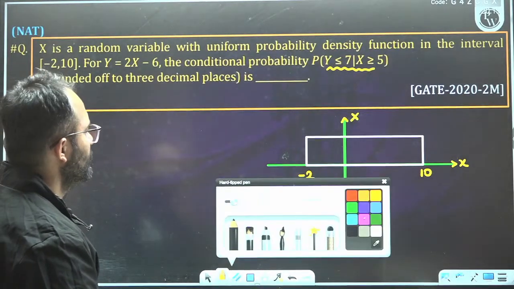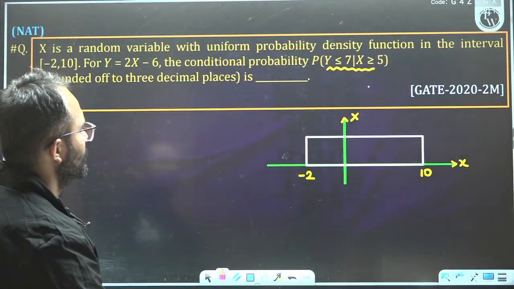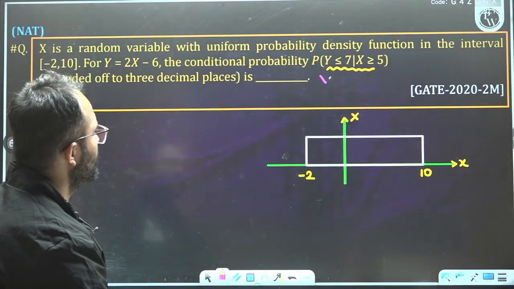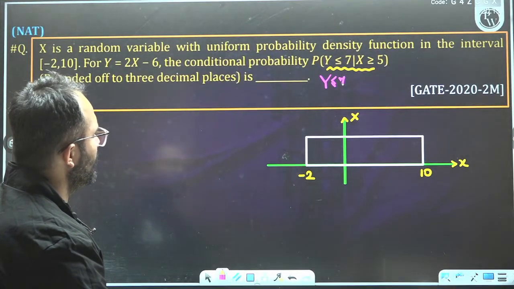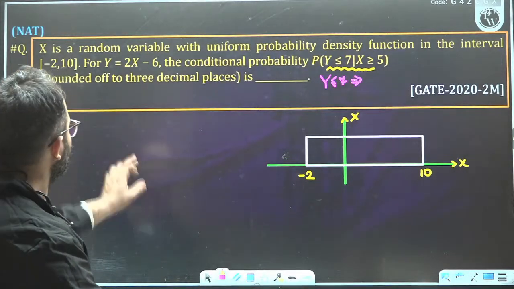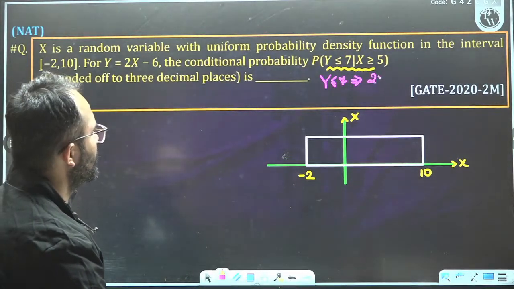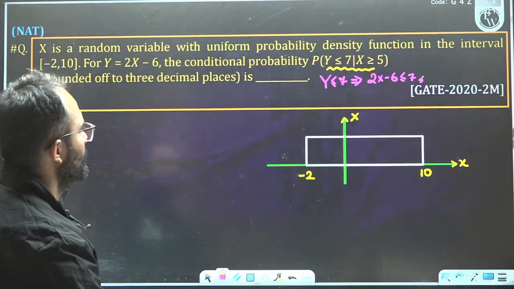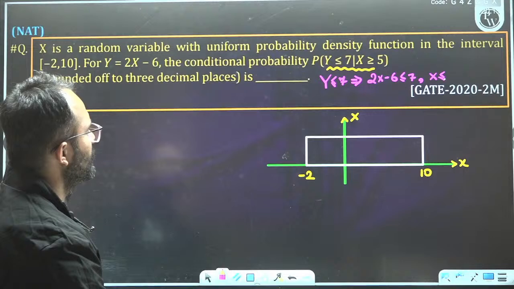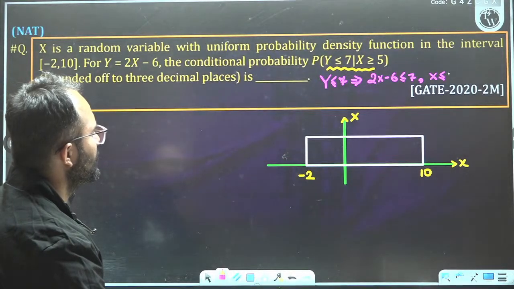Now friends, you have to solve it like this. So first of all, we can see that y should be less than or equal to 7. What should be the result? That is simply 2x minus 6. You can solve that. X should be less than or equal to 13 divided by 2. What is it? That is 6.5.